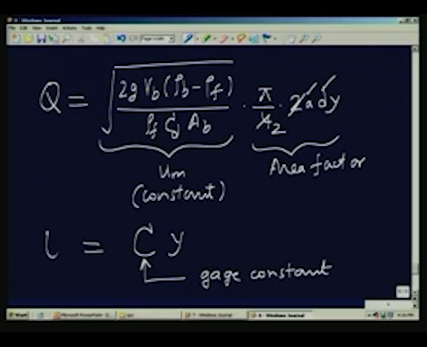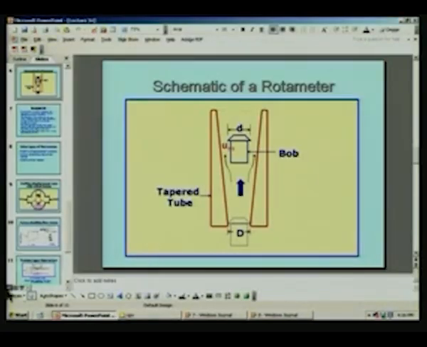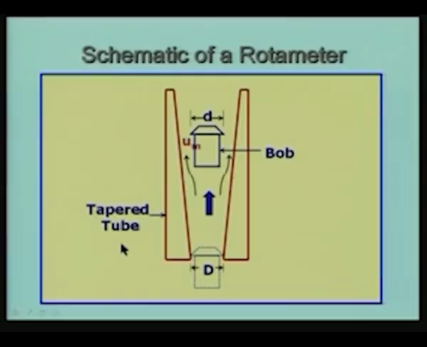So, basically the rotameter is a linear device where the volumetric flow rate is given by some constant times the position of the bob, which is noted down. Actually, what is done in practice, if we go back to the sketch here, along this tube a scale will be marked, which will give you the position of the bob.